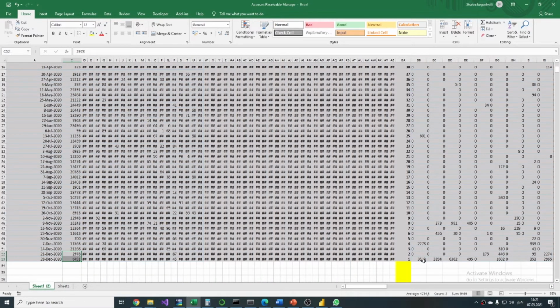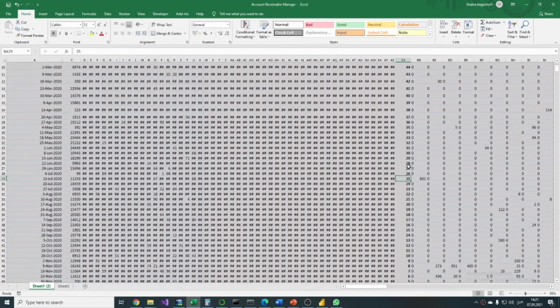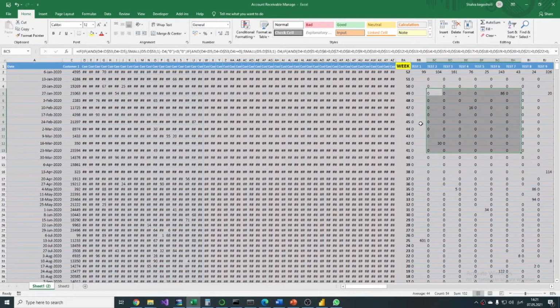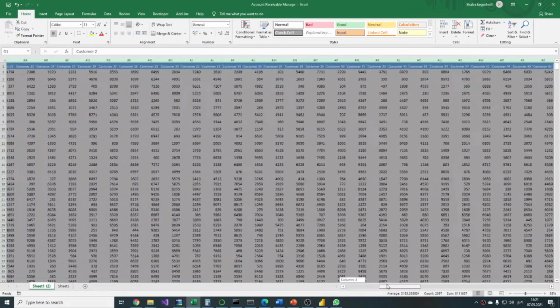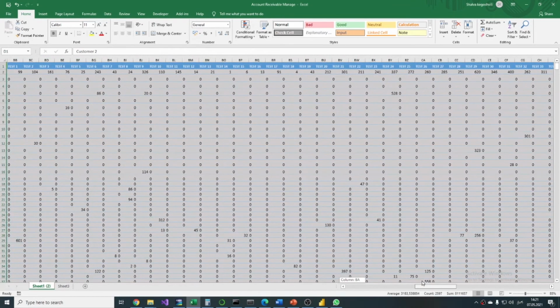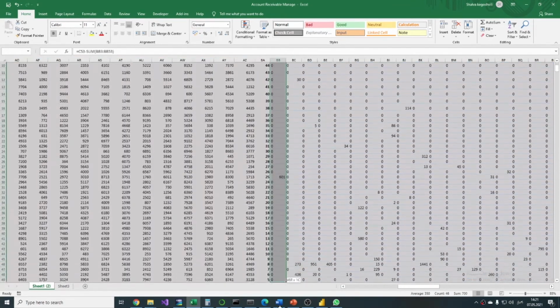This amount is 1 week late, this amount and 2,000 has 4 weeks aged, and this amount is 25 weeks aged, and it is represented on this table for every sequence.